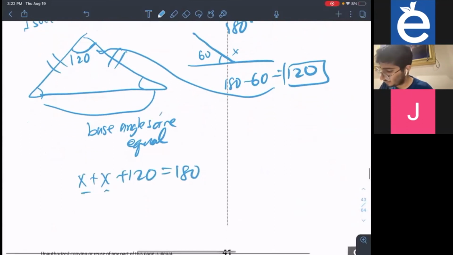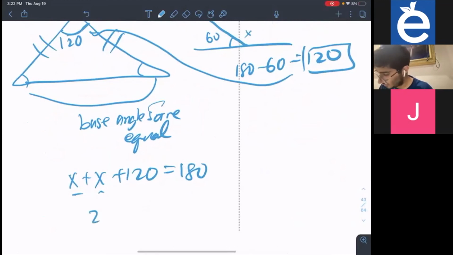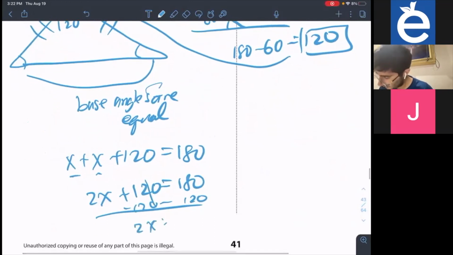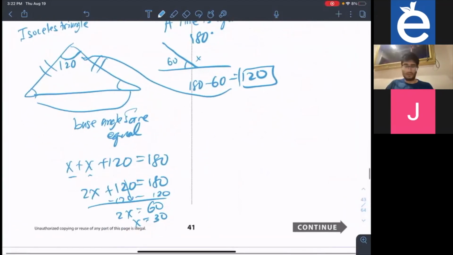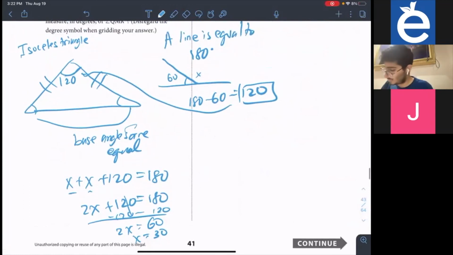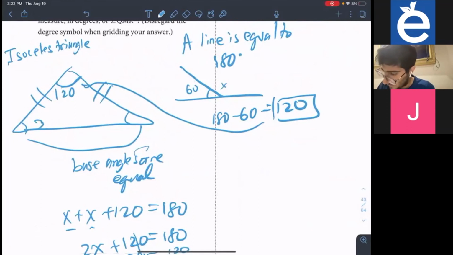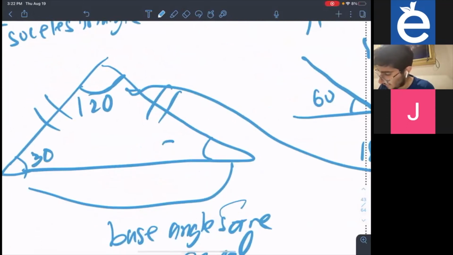Since both of these are equal, we can combine it as 2x plus 120 is equal to 180. Subtract the 120, you get 2x is equal to 60, and then x is equal to 30. We divide by 2. So when you divide 60 by 2, you get 30 on both base angles, 30 and 30.